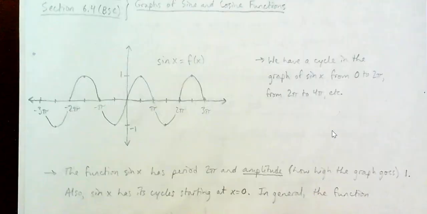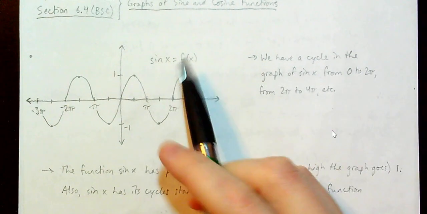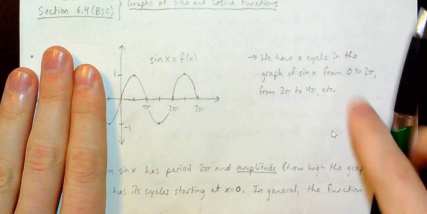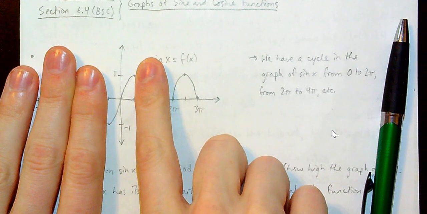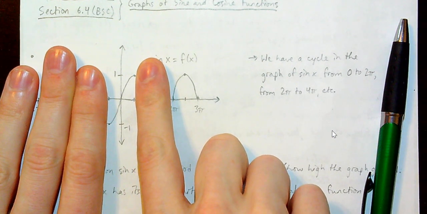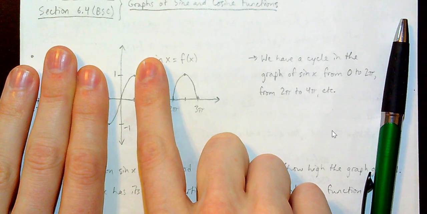If I take a look at the graph of sine x here, if I only look at x values between and equal to minus pi over 2 and positive pi over 2, what I have in between my fingers there, the function is one-to-one on that particular interval of x values.